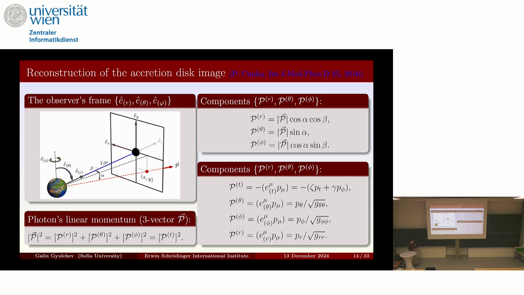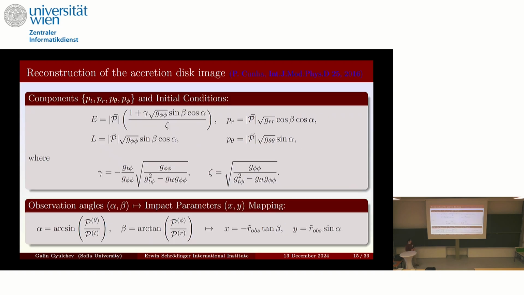Every one of the momentums is introduced via these two angles, alpha and beta, which in general gives us the opportunity to relate these two angles with the observable quantities.